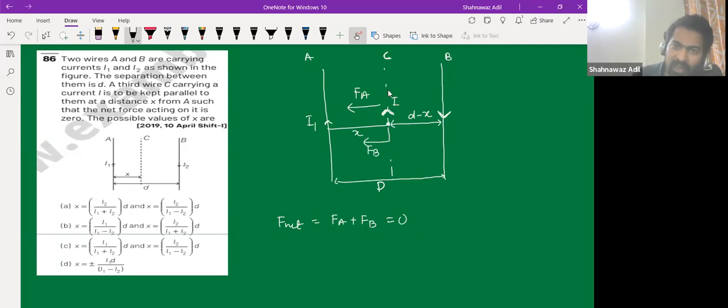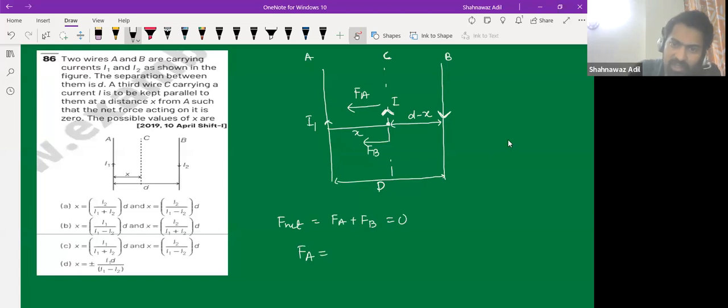So either we place a third wire C carrying a current I parallel to them at a distance x from A such that the net force acting on it is zero. So there are two forces acting on this wire. One would be this, and due to this wire, this would be in this direction, right, guys? Yes, sir. Okay, so what would be FA? Let us calculate FA.